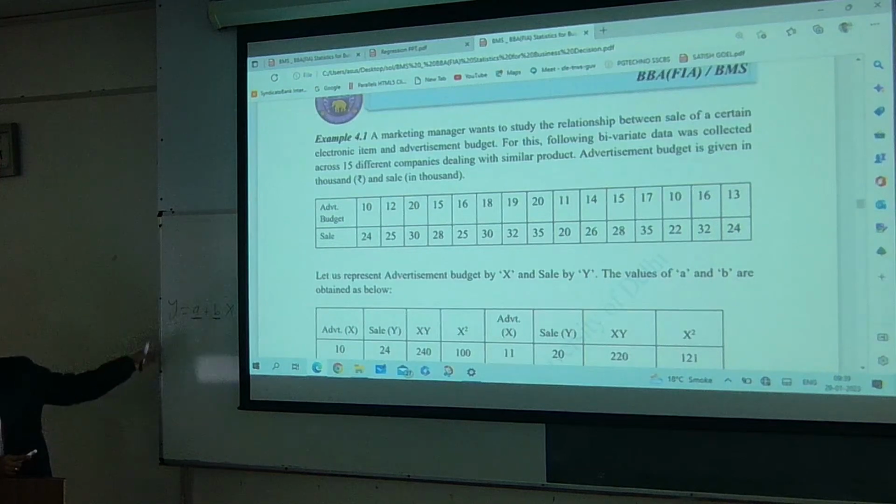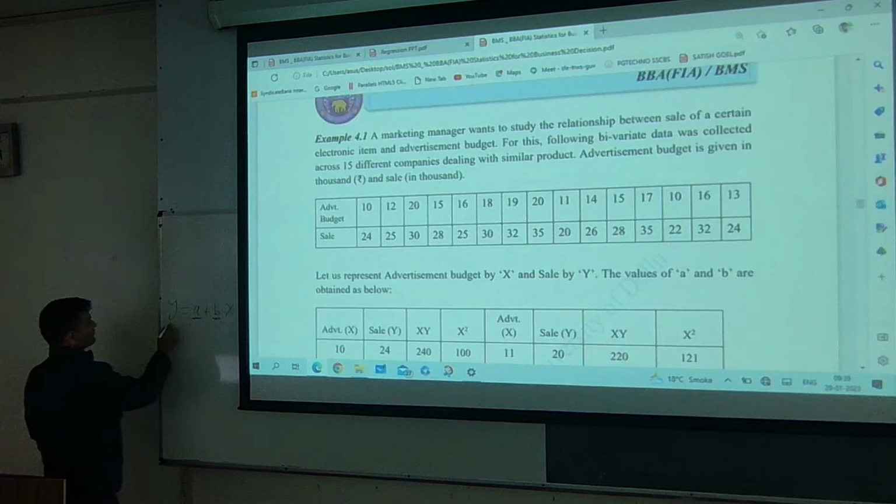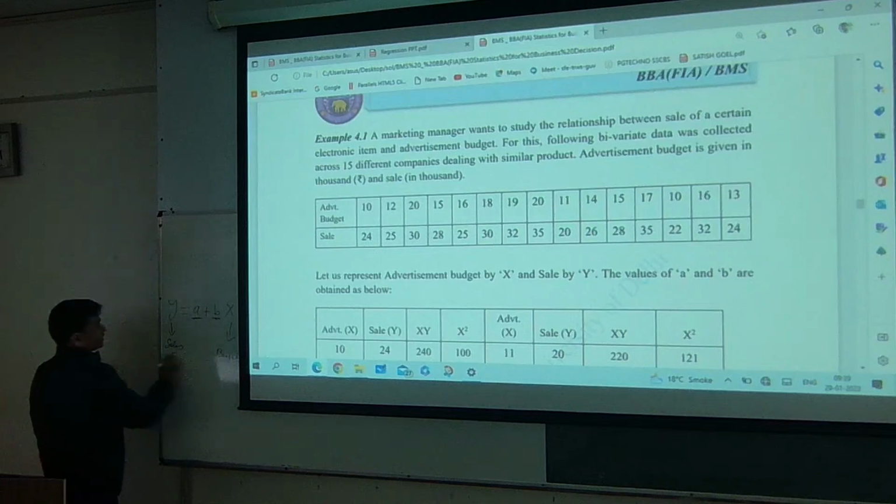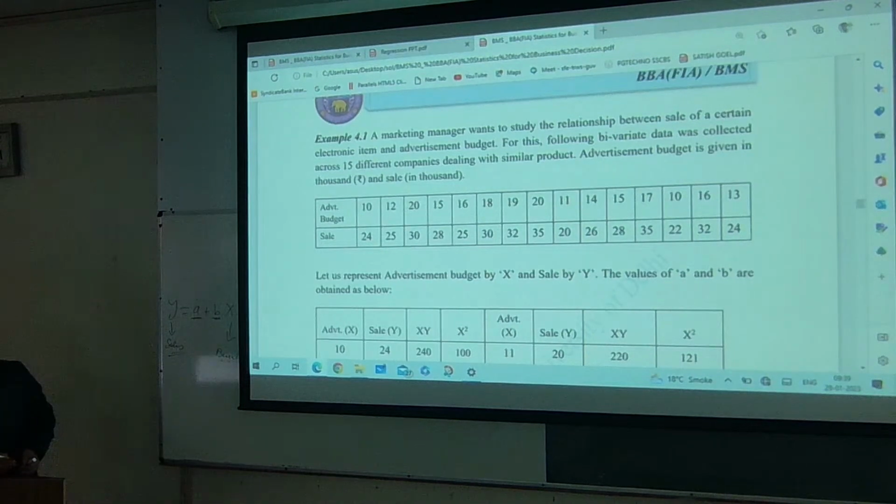Suppose y is my sales and x is my budget. I have to find a and b with the help of this data set. So how would you find this a and b? That is the regression model.